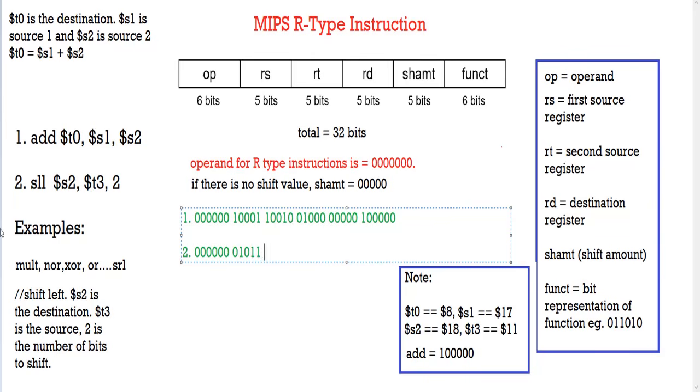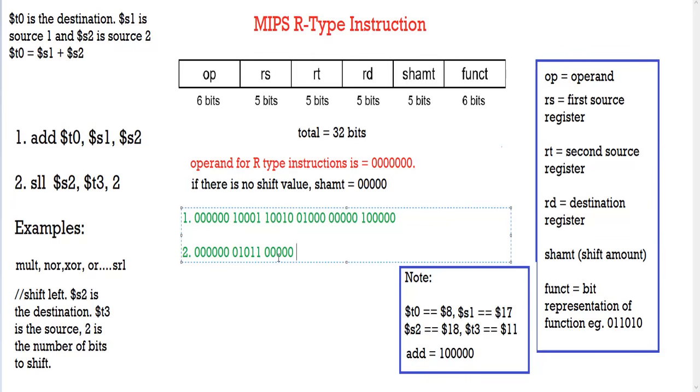Since we don't have a second source register for the shift instruction, I'm going to leave the second source register space as just zeros. That's what you can do. I did it for the second source register just because of convention, but I don't think it would be wrong if you leave this one 0 and put the first source register here. But it's better to do it this way.